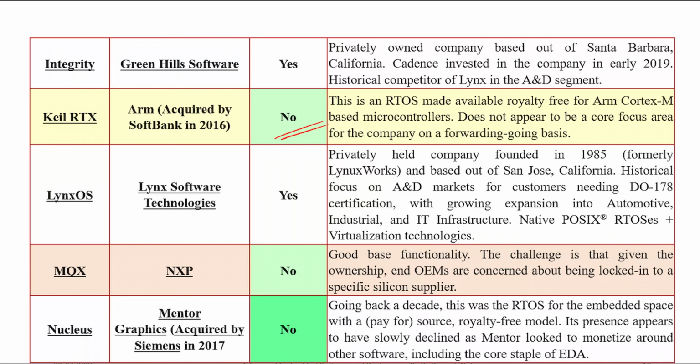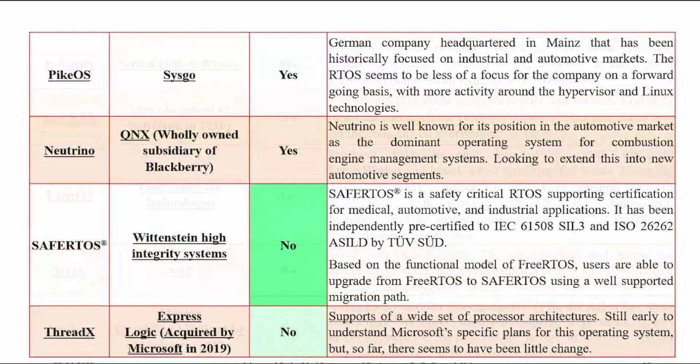For example, Keil RTX, MQX provided by NXP, Nucleus provided by Mentor Graphics. Then we have SafeRTOS, which does not require any royalty. Then we have ThreadX, which does not require any royalty.